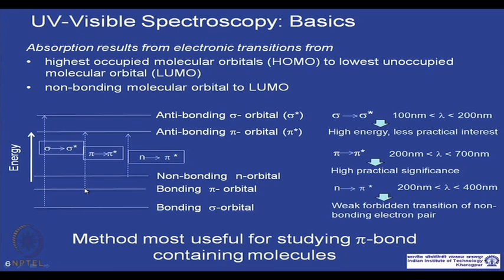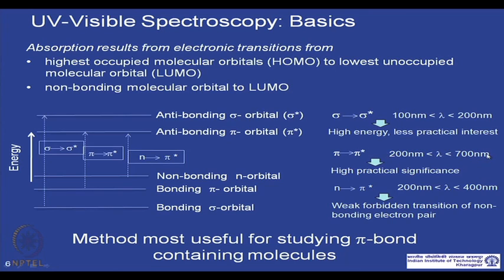If there is a pi bond in the molecule, and especially if there are many pi bonds which are conjugated, then the pi transitions are in the UV visible range, and the more conjugation, the more it goes to the visible range and the higher wavelength.